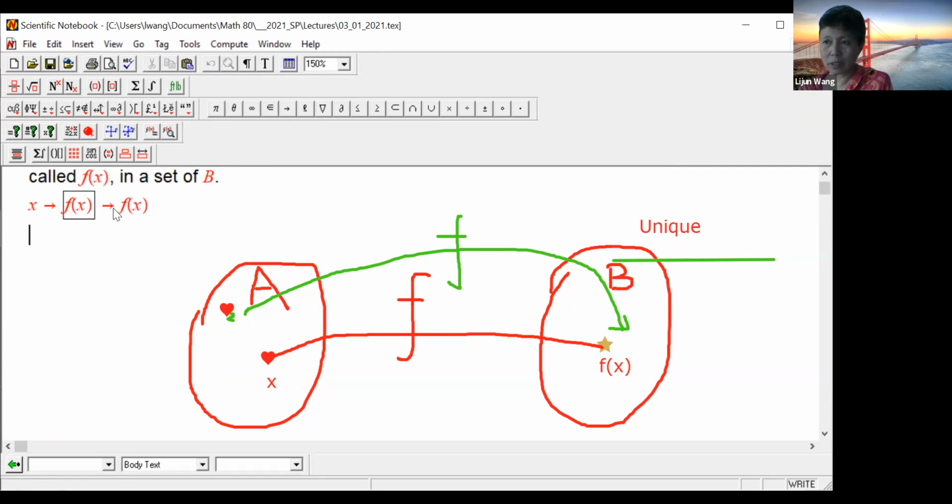Sometimes some books call it y. You can do that too. But this letter notation, you will see over time, is preferred because this notation tells you the input and the output at the same time. So this notation basically says, for input x, the output is f of x.